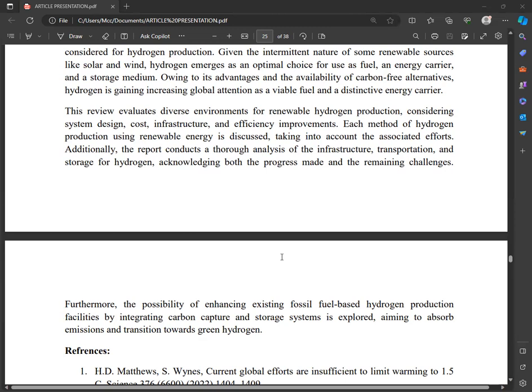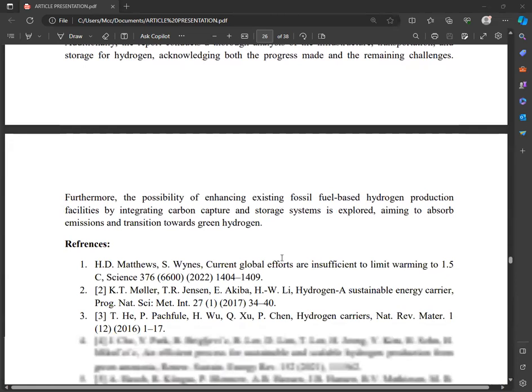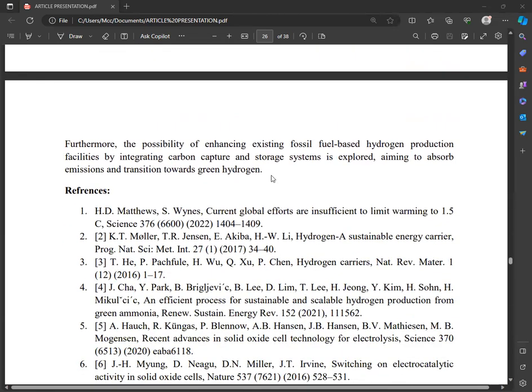Additionally, the report conducts a thorough analysis of the infrastructure, transportation, and storage of hydrogen, acknowledging both the progress made and the remaining challenges. Furthermore, the possibility of enhancing existing fossil fuel-based hydrogen production facilities by integrating carbon capture and storage system is explored, aiming to absorb emission and transition towards green hydrogen.